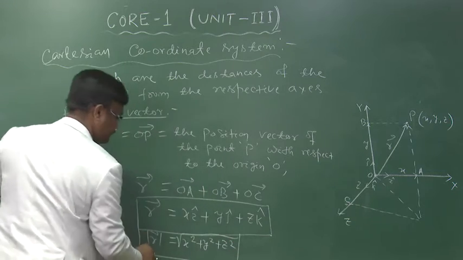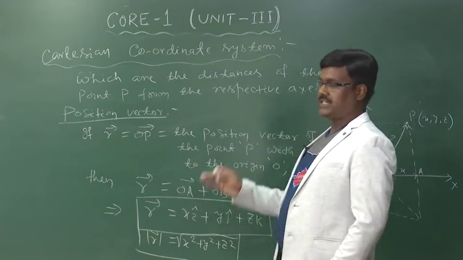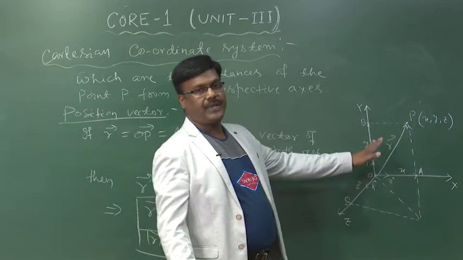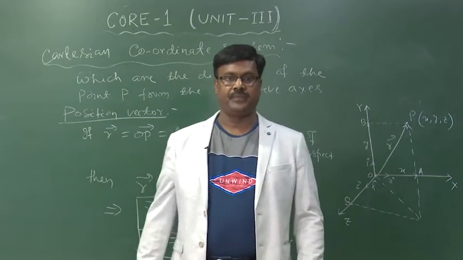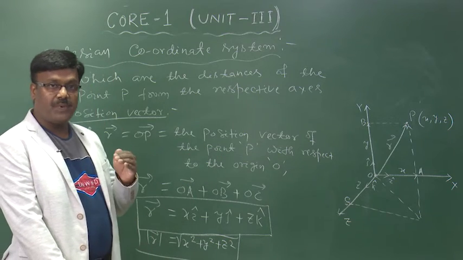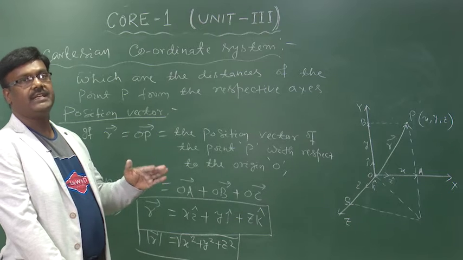So this is the expression for the position vector of a point with respect to the origin of a Cartesian coordinate system. And let us now find out the displacement of a particle in Cartesian coordinate system.